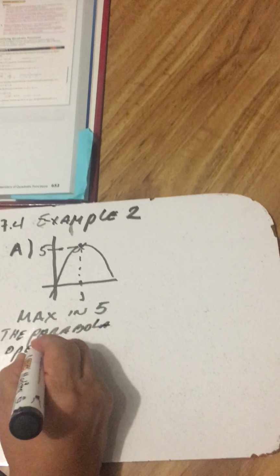Okay? And example B, we have this graph. It's minus 2, and here is minus 5.